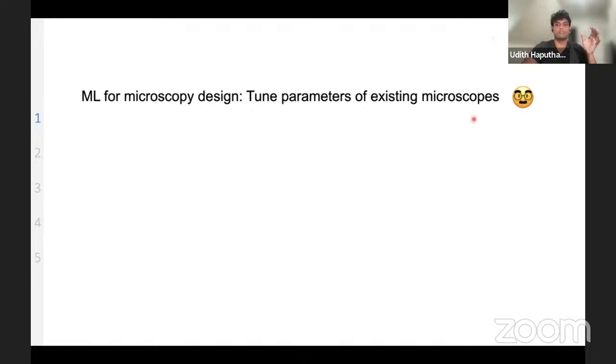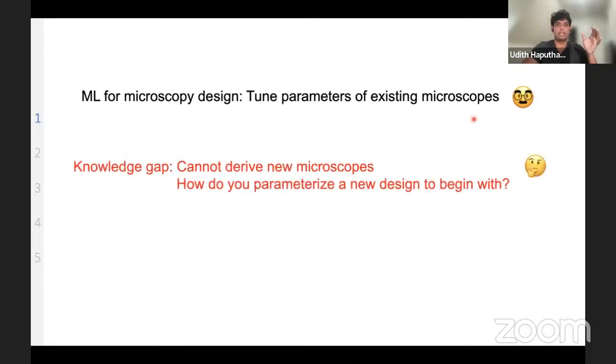So the problem we are asking is that current works cannot derive new microscopes because they need existing computational designs. We need a method to parameterize the microscope in a general way. If we have a general way of microscope parameterization, then we can learn the microscope without specifying the details of what the microscope should be.